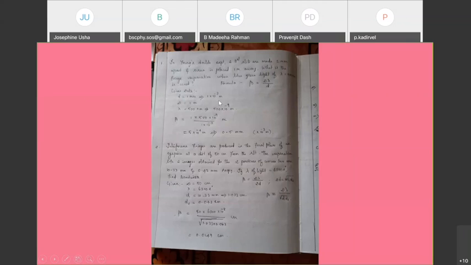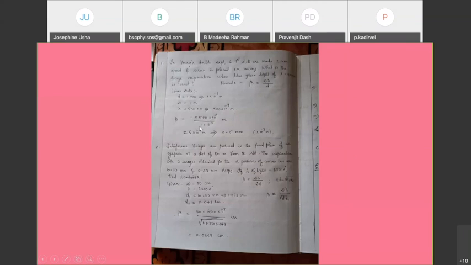I'm just converting to meters. Similarly, capital D, between screen and slit, is 1 meter. And lambda is equal to 500 nanometer. Convert into meter: 1 nanometer is equal to 10 power minus 9 meter, so 500 into 10 power minus 9 meter.